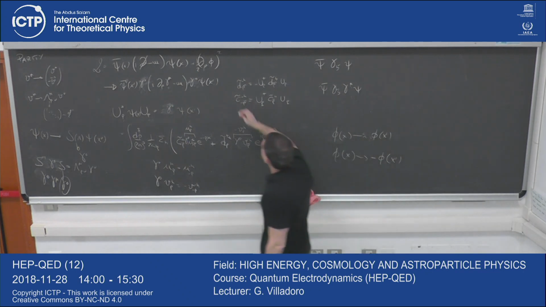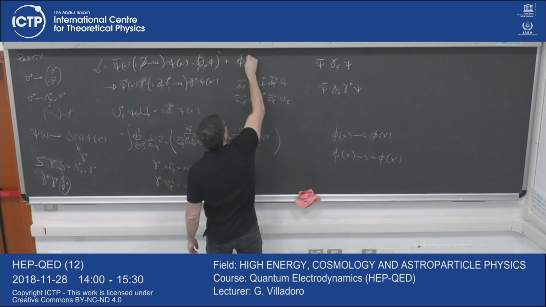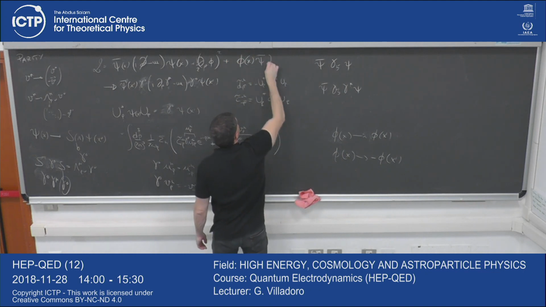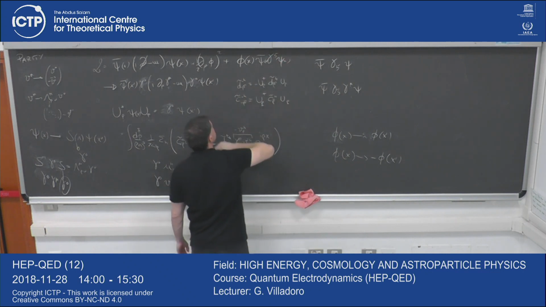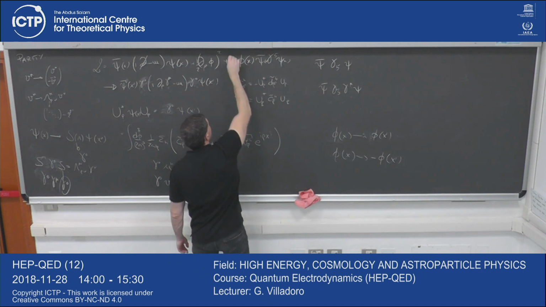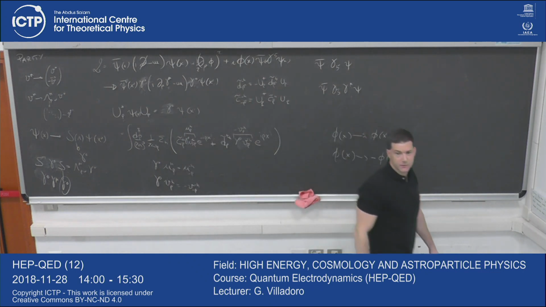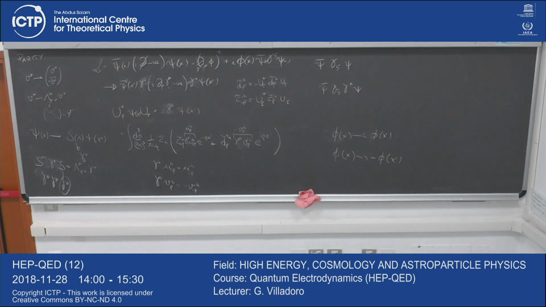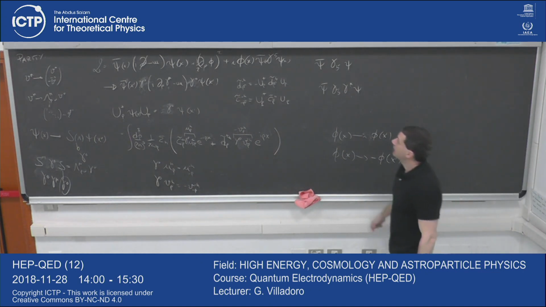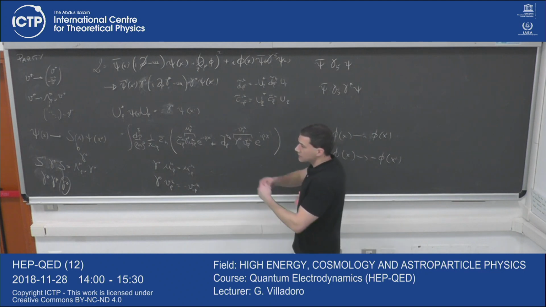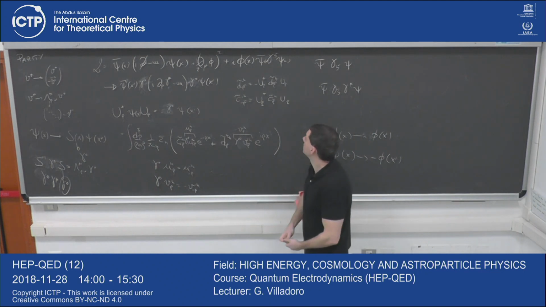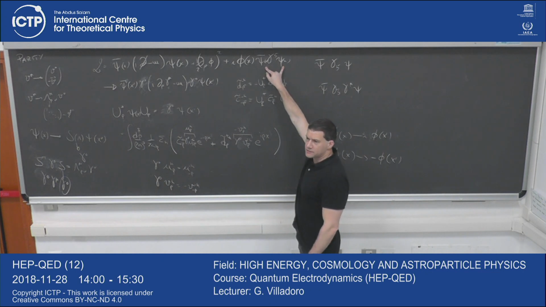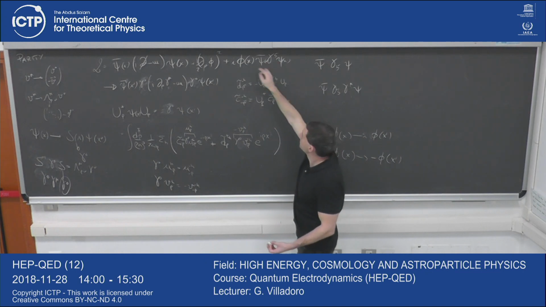Now let me add to this Lagrangian the term phi of x, psi bar, gamma phi, psi. And I probably need to put an i here, because psi bar gamma phi psi is anti-Hermitian. So if I now try to do the parity transformation, this bilinear psi bar gamma phi psi transforms into minus itself. Because gamma naught anticommutes with gamma phi, you get an extra minus.